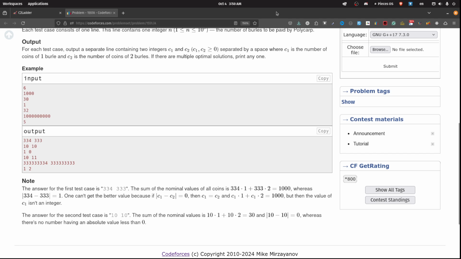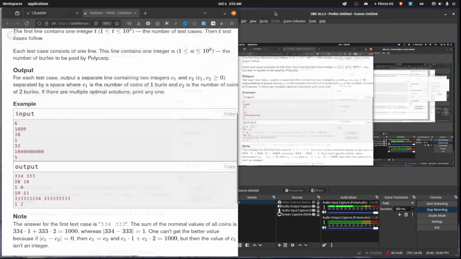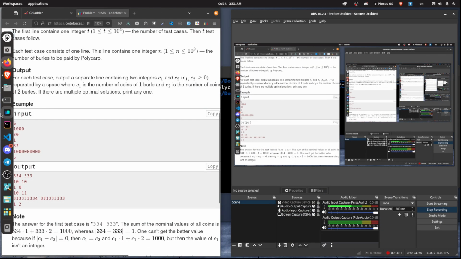Let's do a little thing: if I divide the value of n by 3, I get the value of this. So let's start with this one.